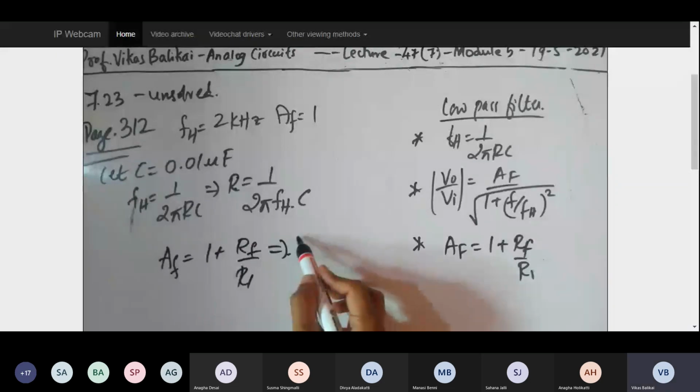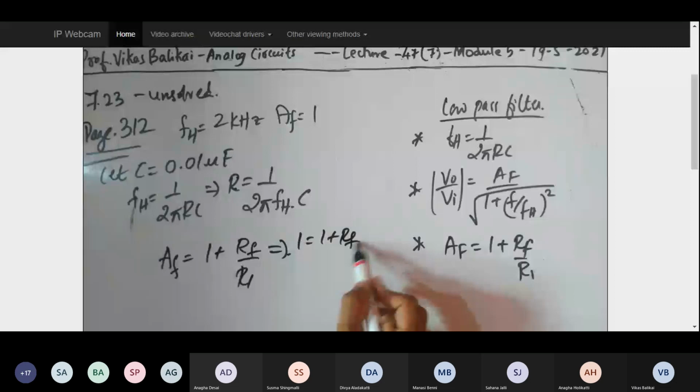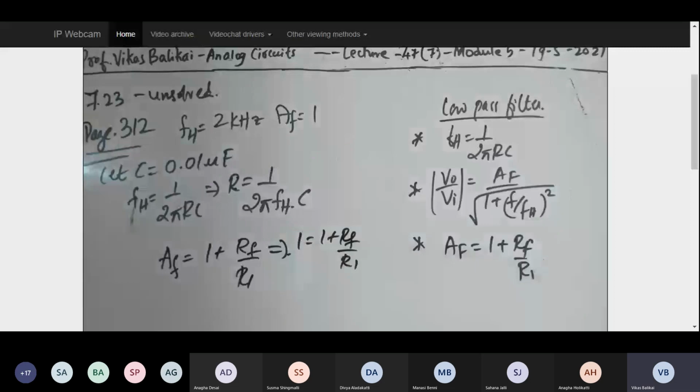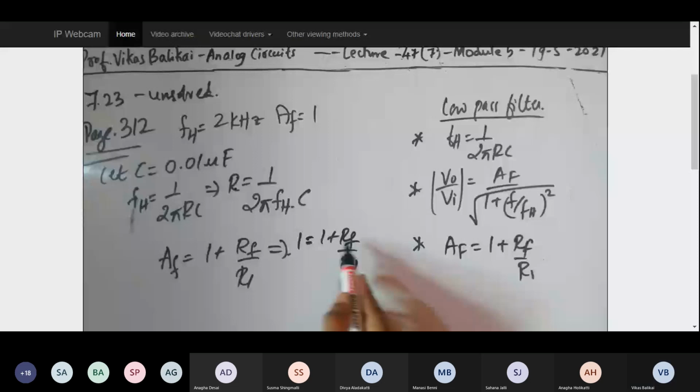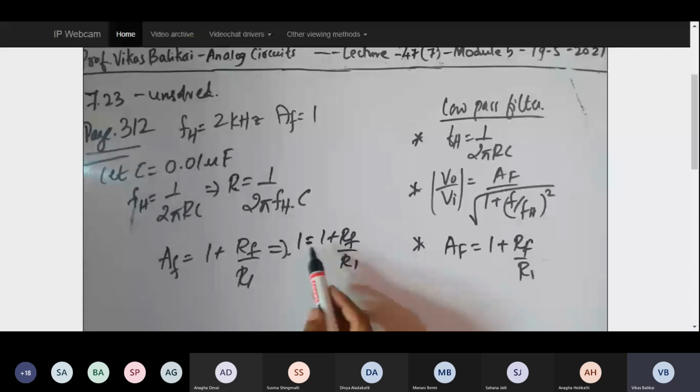So what am I going to get now? 1 is equal to 1 plus RF by R1. Let's try to solve this. R1 plus RF divided by R1 equal to 1.